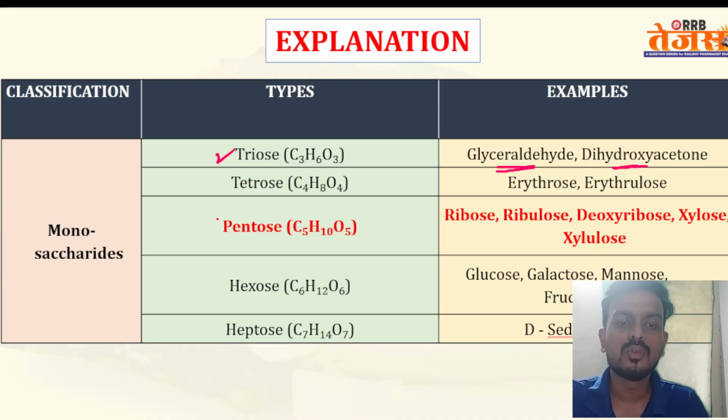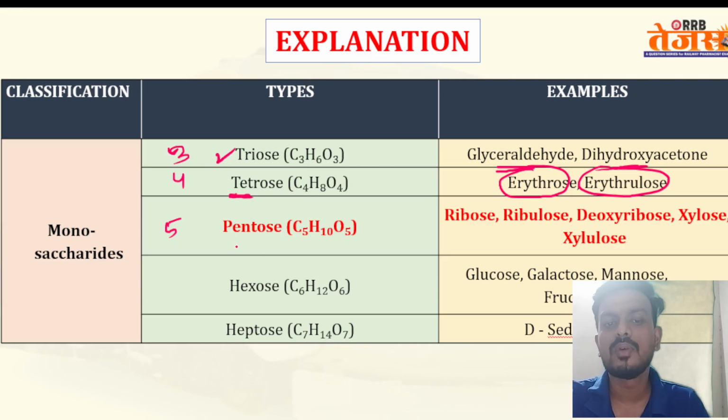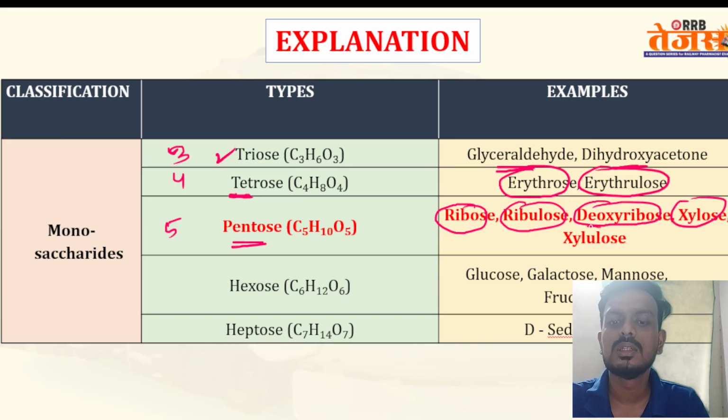When n equals 4, we call it a tetrose. Examples are erythrose and erythrulose. When n equals 5, it is called a pentose. Examples are ribose, ribulose, deoxyribose, and xylulose.